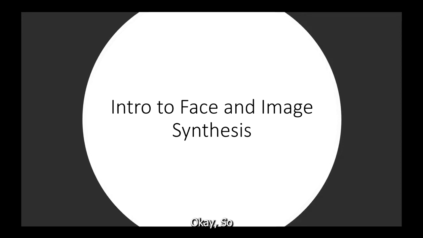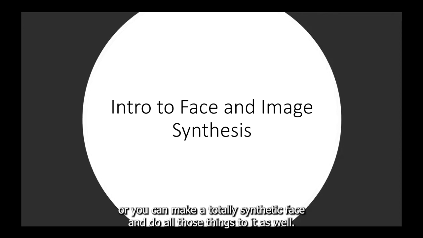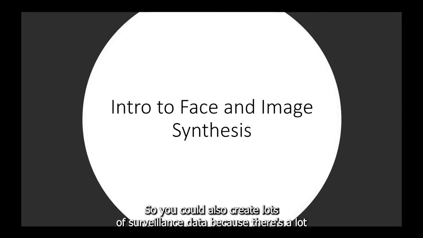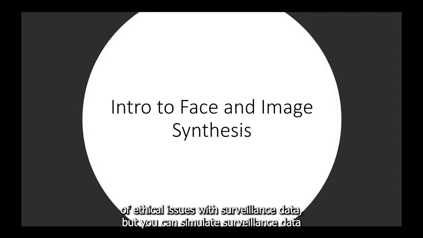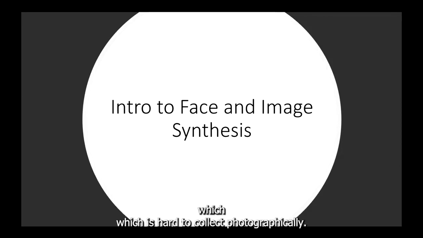Or I can make a totally synthetic face and do all those things to it as well. See how that works. You could also create lots of surveillance data, because there are a lot of ethical issues with surveillance data, but you could simulate surveillance data, which is hard to collect photographically.